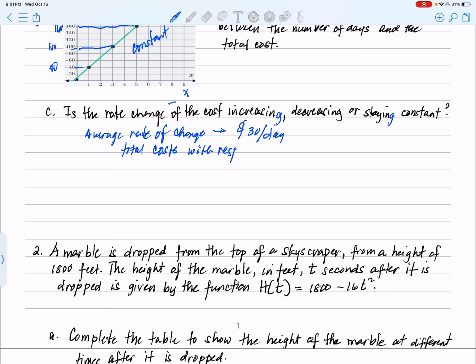The more days you have, the cost increases. So that's why we have a linear relationship there.